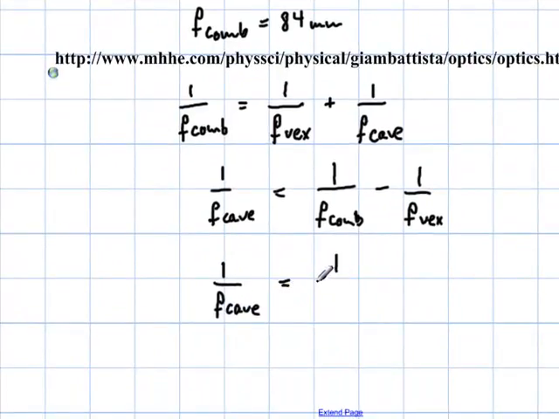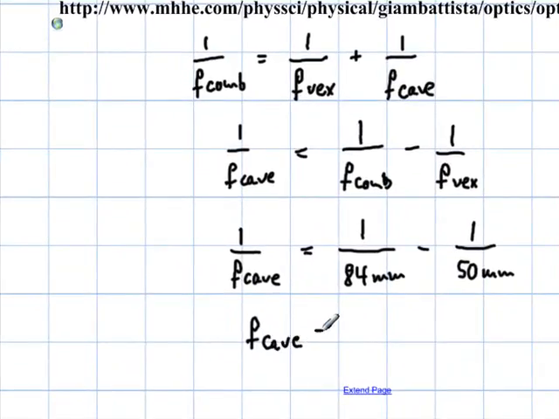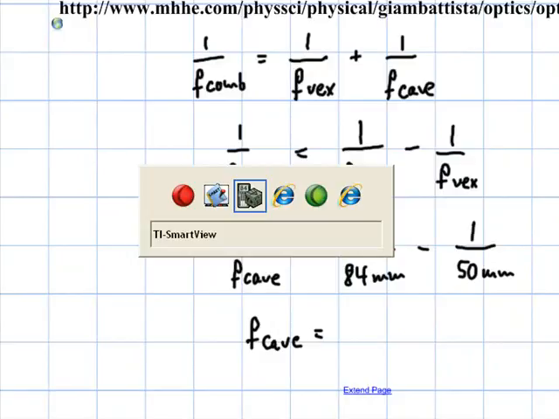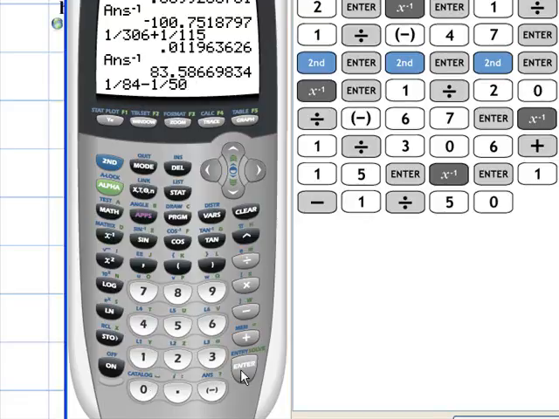And now I'm going to use the 84 millimeters that we just determined minus the 50 millimeters that we determined in the previous problem, and then on the graphing calculator, or in any calculator, we're going to do 1/84 minus 1/50.